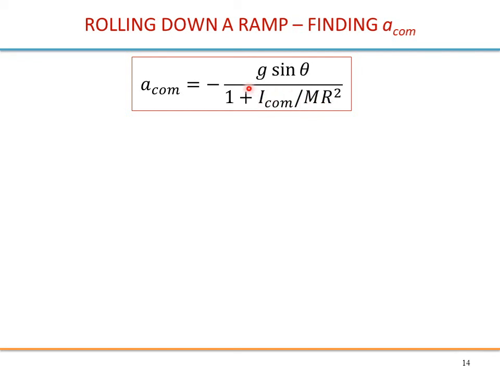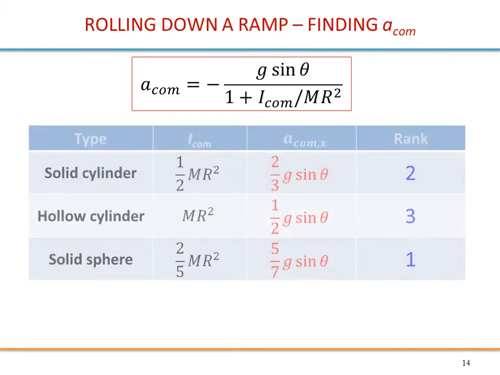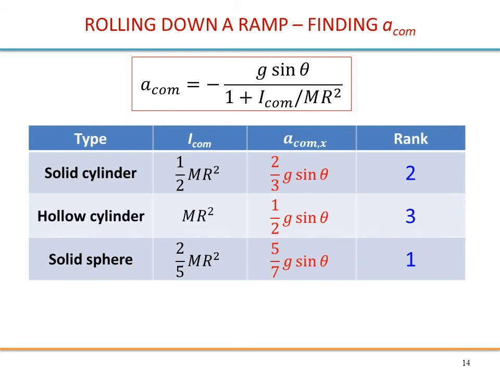Nevertheless, there is definitely an effect of inertia in this system, because it will depend on whether we have a circular object, which can be a sphere, a hollow cylinder, or a solid cylinder, for example. And all these have different rotational inertia, so they are represented in this column.